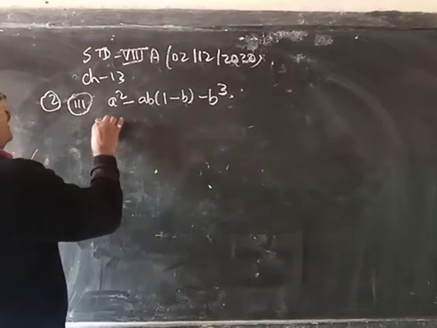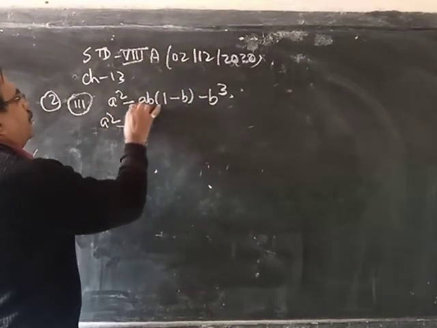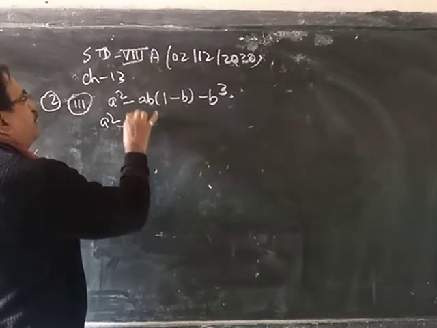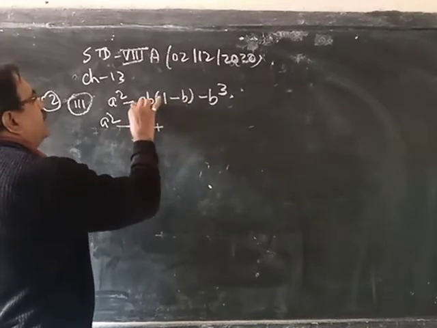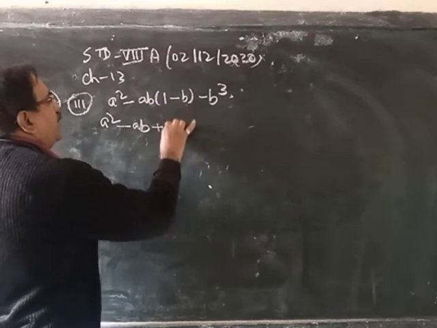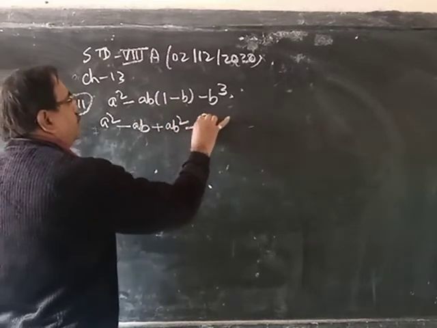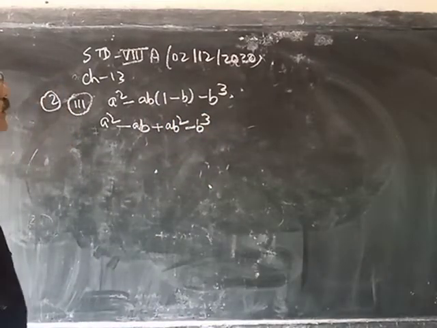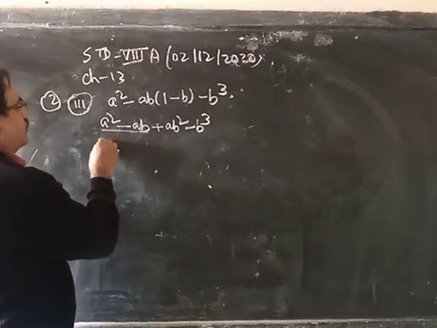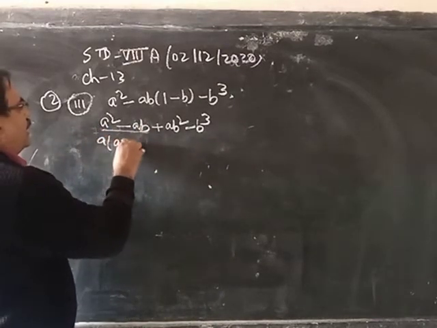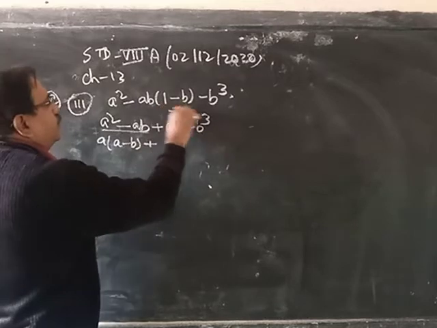So a squared, open the bracket: a squared minus ab plus ab minus b squared. Now, in the first two terms, what is common? A, then a minus b. In the last two, what is common?